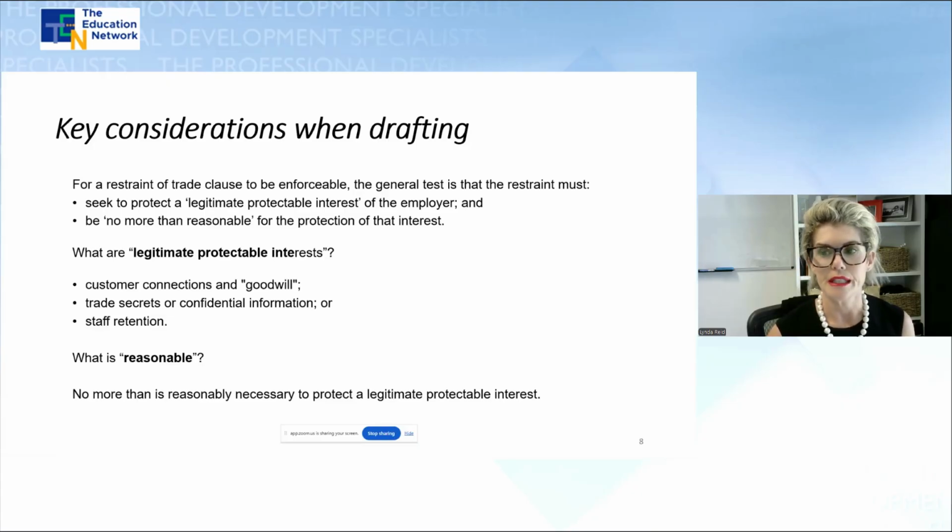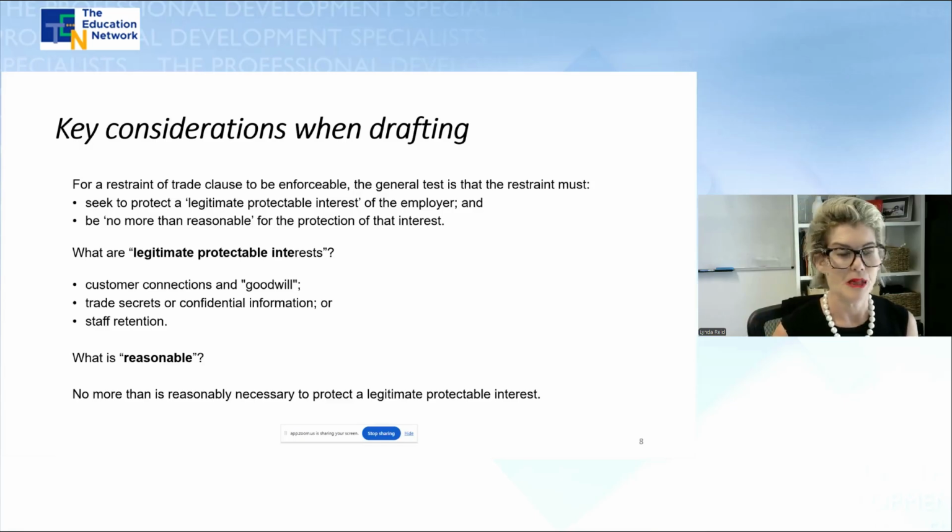So looking at this from an enforceability perspective, the general test is that the restraint has to seek to protect a legitimate protectable interest of the employer and be no more than is reasonable for the protection of that interest. So what is a legitimate protectable interest?